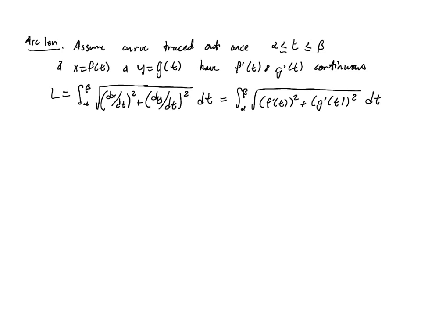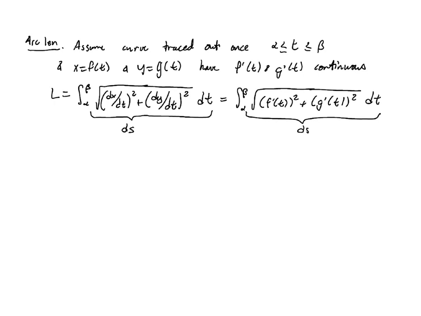And this should look very similar to formulas that we had before for arc length, where we had 1 plus f prime squared, or 1 plus g prime squared. And using the notation that we had previously, this is what we call ds in this case, and this is ds in this case.